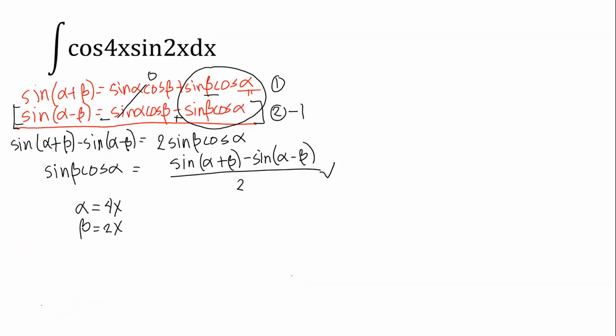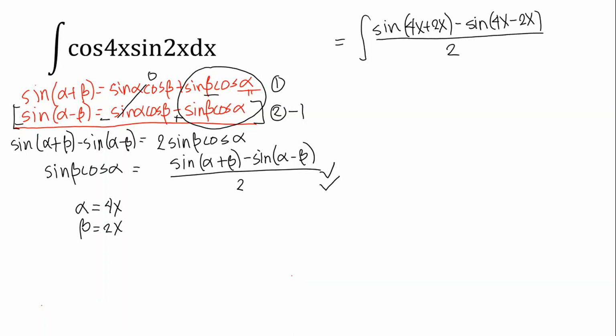We can say that it is the integration of sine, our alpha 4x plus beta 2x, then minus sine, our alpha 4x minus 2x, over 2 and dx.